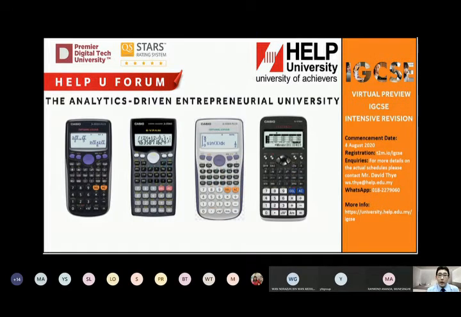You can use the integration or differentiation button, as long as it gives you a numeric answer like the one I circled here. On the right side is the 570, one of the latest versions available in the market. For students taking both maths and additional maths, I would recommend this one, because the 350 won't be enough for answering the further questions.